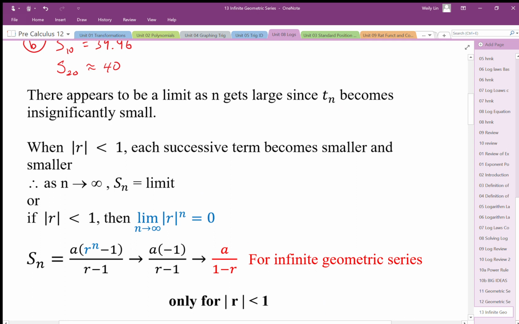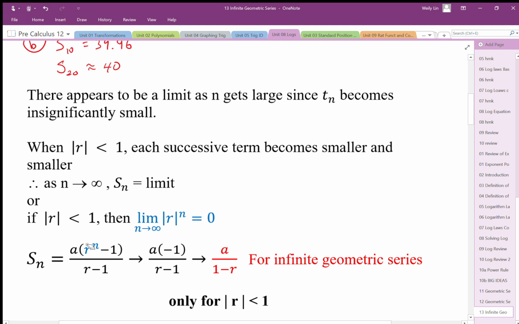We're basically adding 0. So if r is less than 1, so if my multiplier is less than 1, that means that each term gets successively smaller and smaller and smaller. You're going to eventually hit 0. And that's what's happening here. So as n goes to infinity, Sn has a limit because this ratio to the power n, so r to the power n, goes to 0. If r is less than 1, this is always going to get smaller, and as we multiply it more and more, we're eventually getting 0.